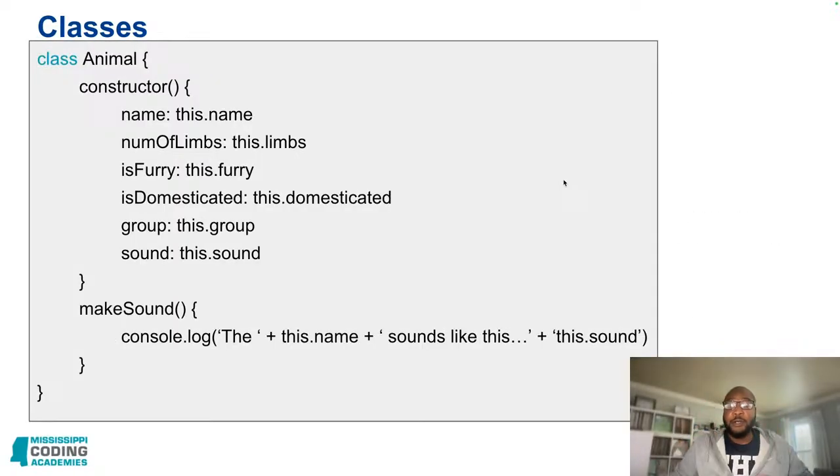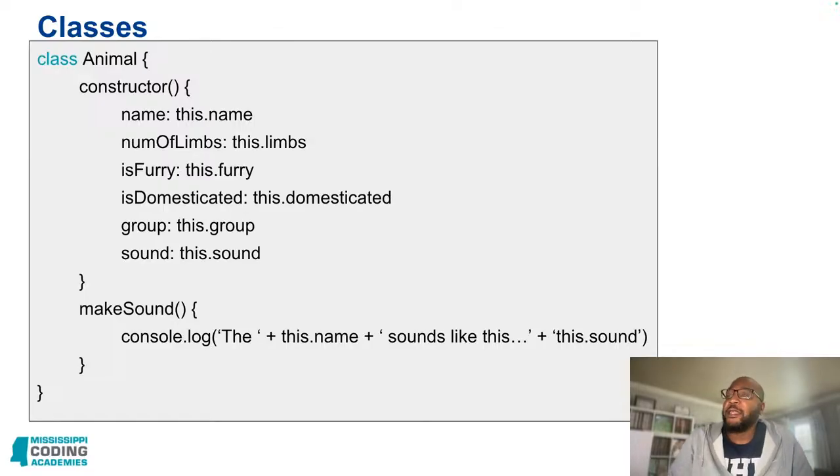Okay, so we see we have the class keyword, and then we have the name of the class. In this instance it is Animal. Notice that the first letter of the class name is capitalized. Casing is important, and we have to have a capital letter.